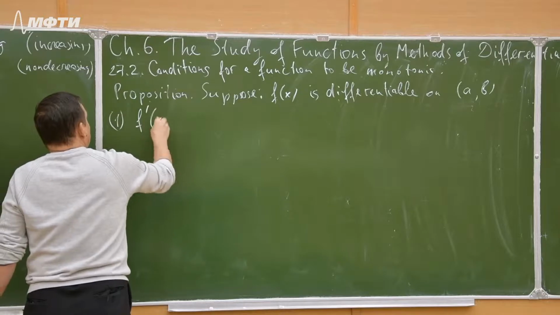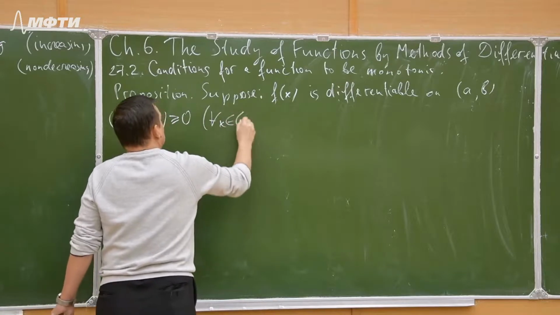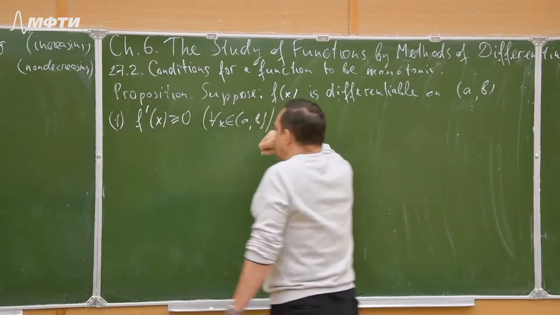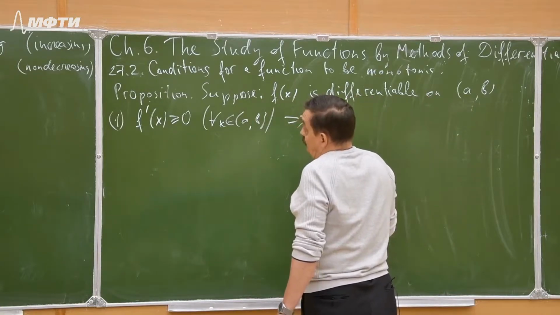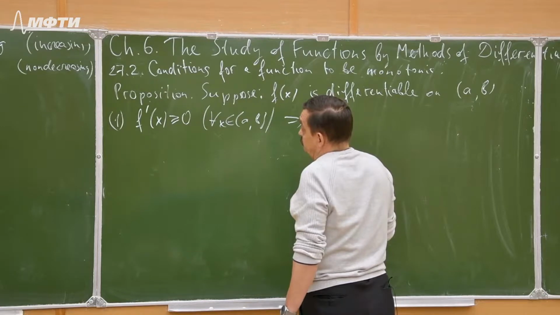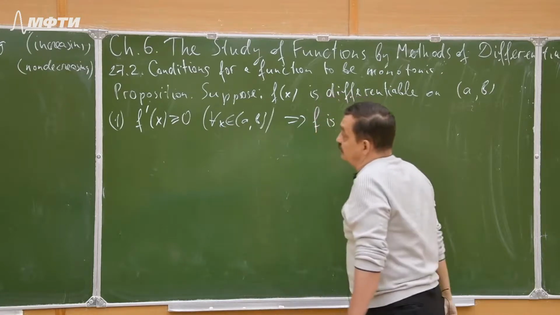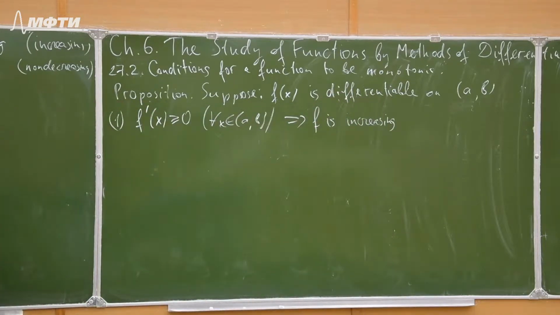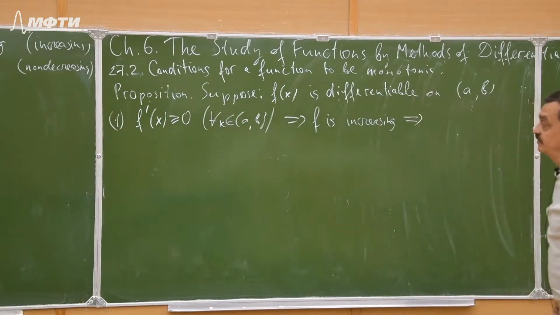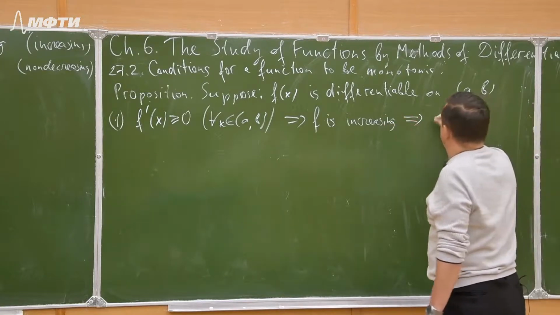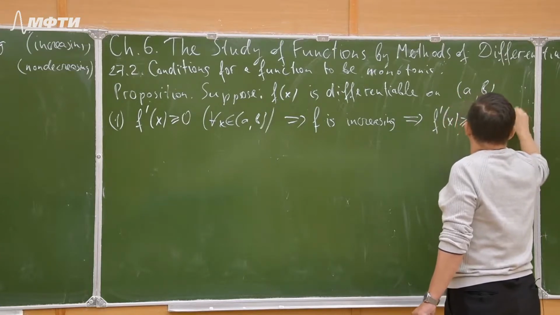Okay, so the first one: if f prime of x is non-negative for all x in (a, b), then we deduce that f is increasing in this sense, and if f is increasing, then for a differentiable function the derivative is non-negative for all x in (a, b).